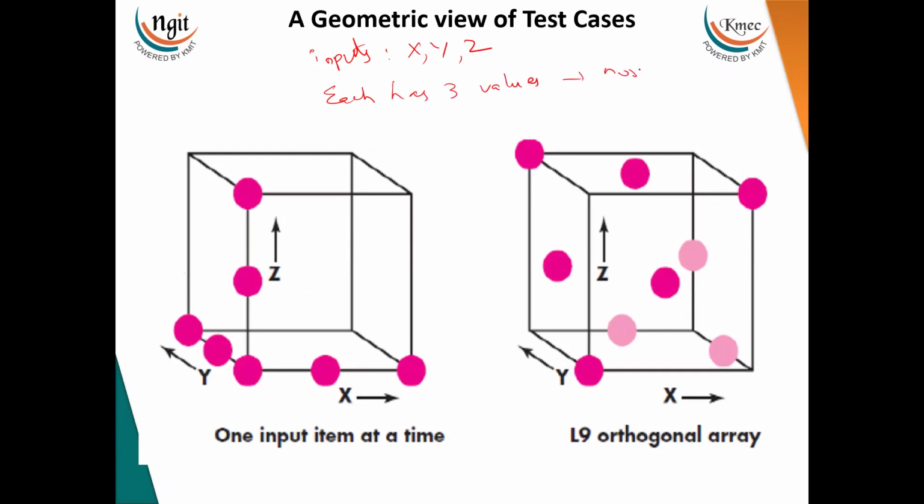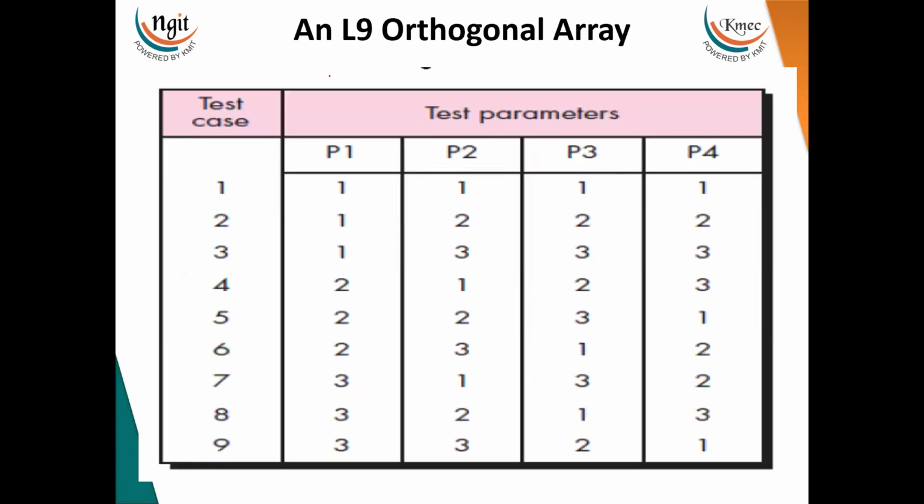Normally that is 27 combinations, 3 into 3 into 3. Clear? Now we use this L9 orthogonal array. We test only 9 strategically chosen cases here: 1, 2, 3, 4, 5, 6, 7, 8, 9. Those are the only chosen cases.